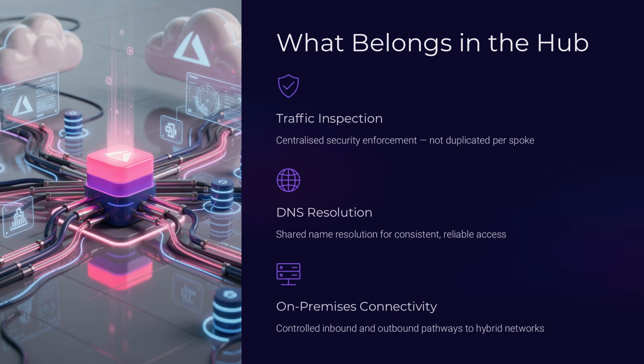Leaders value this because it concentrates critical controls under clear ownership and reduces security gaps. Architects value it because it creates a stable interface. Spokes connect to the hub, and the hub provides consistent services, rather than every spoke creating custom arrangements.